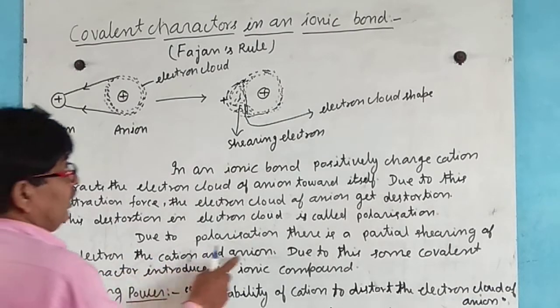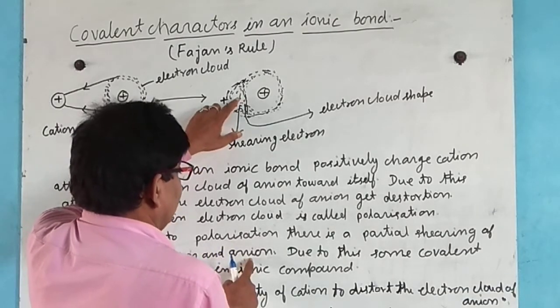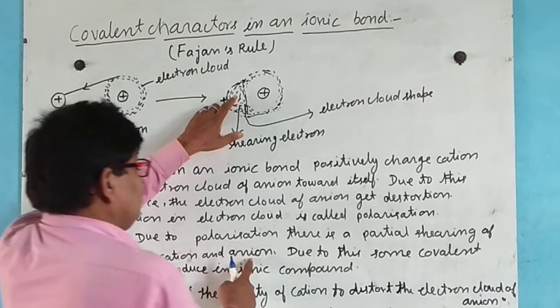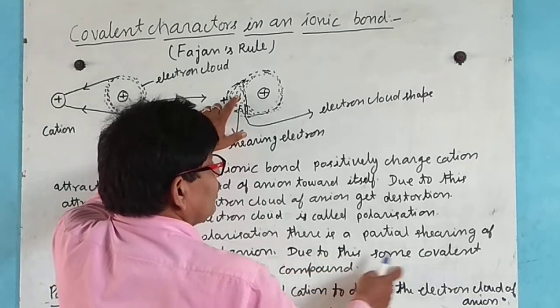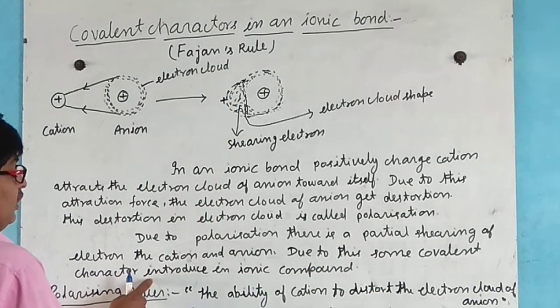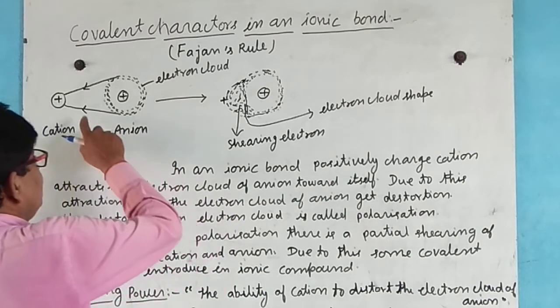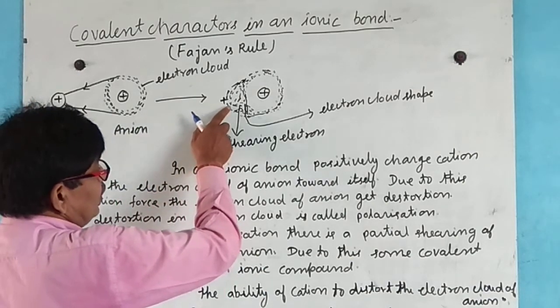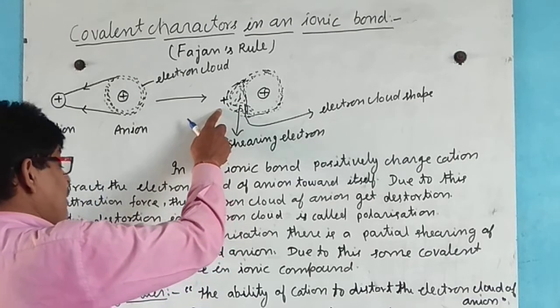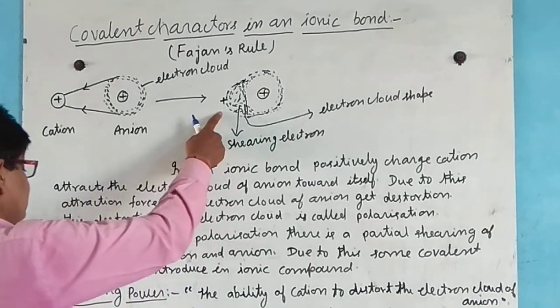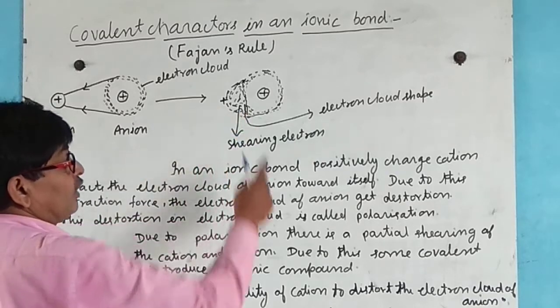The cation and anion partially share. Due to this, some covalent character is introduced in the ionic compound.